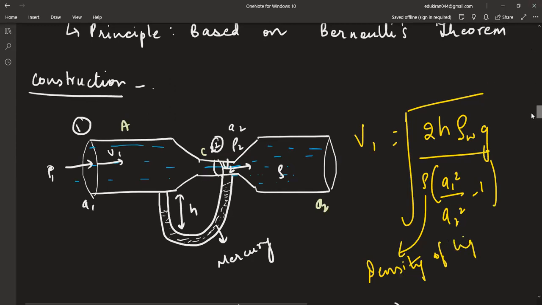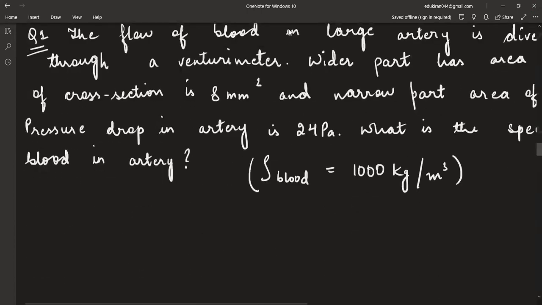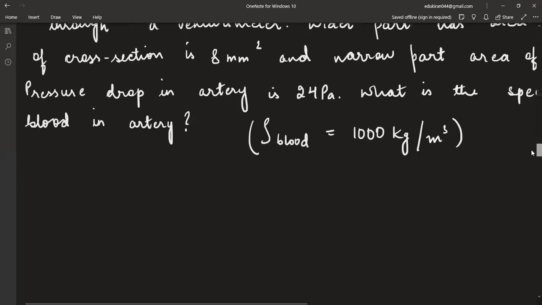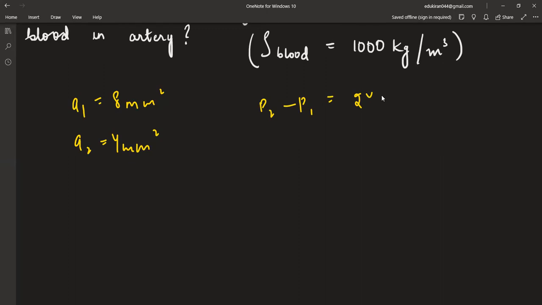All right. For example, let me show you one question. Here, the flow of blood in large arteries is measured through a Venturimeter. The wider part has a cross-section area of 8 millimeter square, the narrower part has 4 millimeter square. You have to find out the speed. So A1 is given as 8 millimeter square, A2 is given as 4 millimeter square, P1 minus P2 is given as 24 pascals, and density is given as 1000 kg per meter cube.